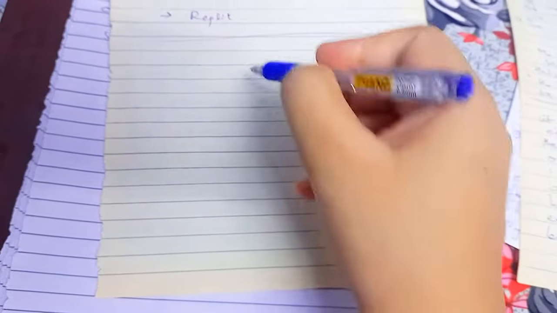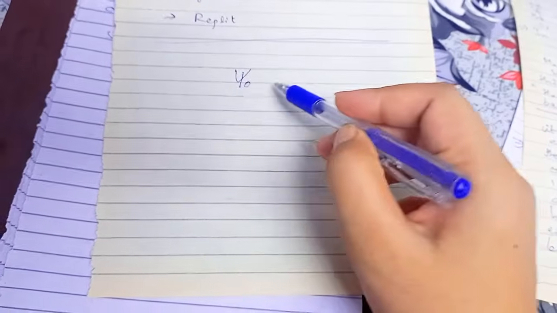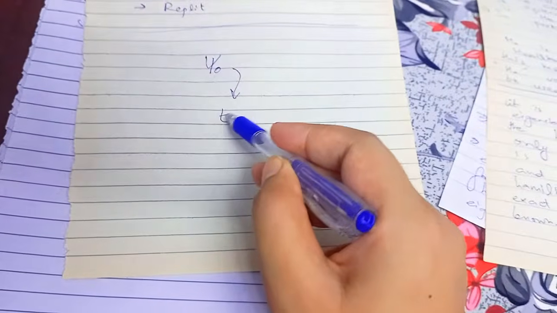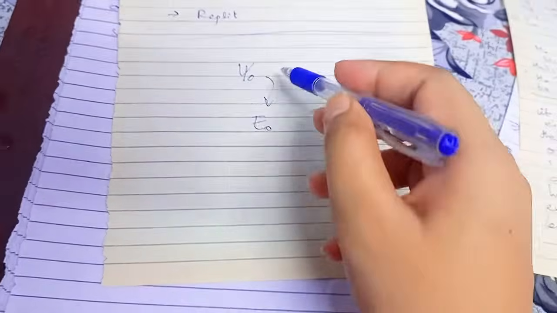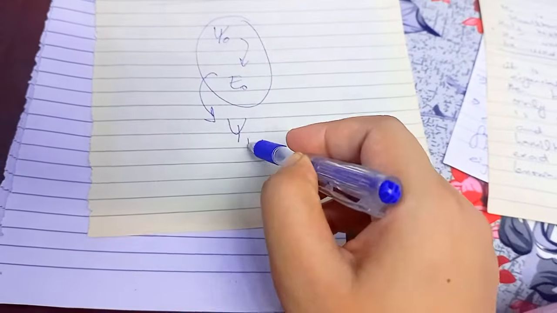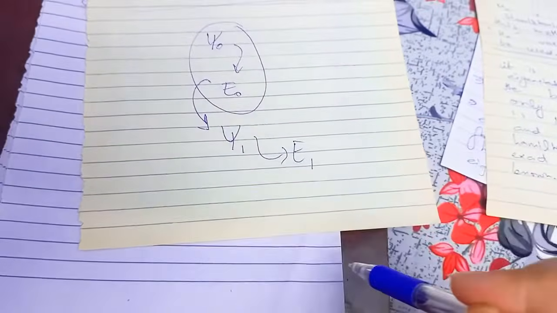But what happens here is that first of all you have to find out the ground wave function separately. If you know the ground wave function, then you can find out the ground state energy. And if you know both of these quantities, then you can find out the first excited state's wave function and energy.